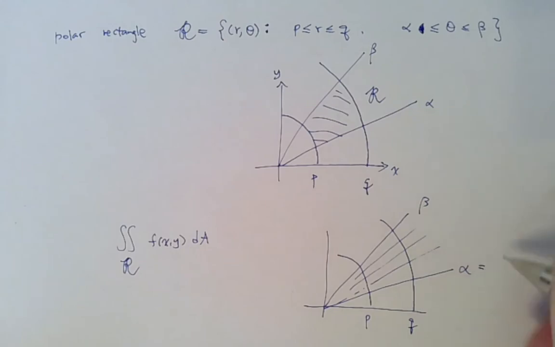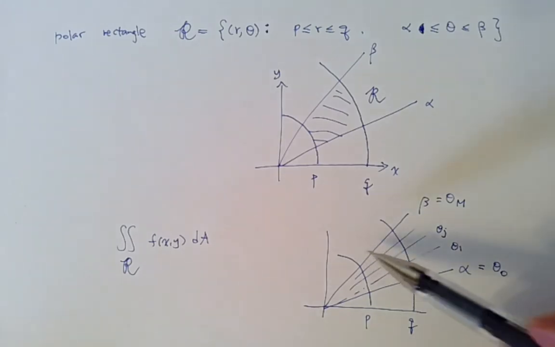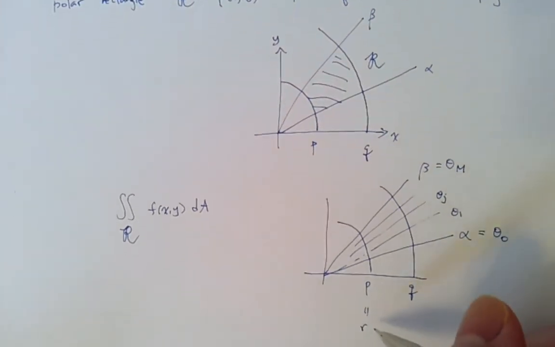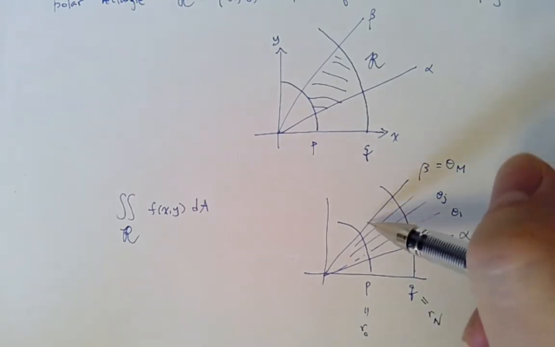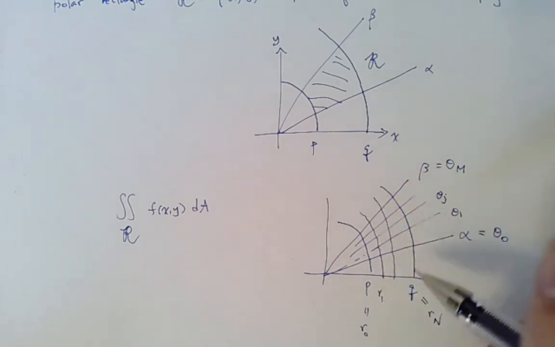So let's say alpha is theta 0, and this is theta 1, maybe theta sub j. Eventually we get to theta sub m. So if we subdivide this into m parts, and also subdivide between p and q into n parts. Let's say this is r0, and this is r sub n, but then we subdivide in here, r sub 1, r sub i, and so forth.